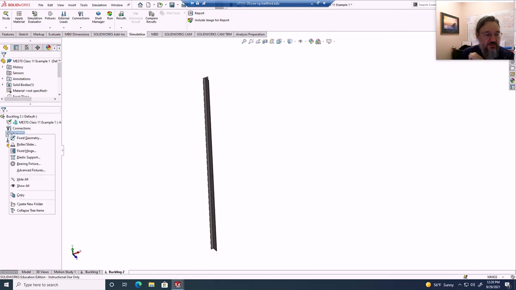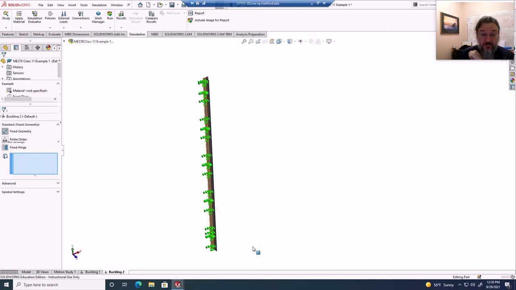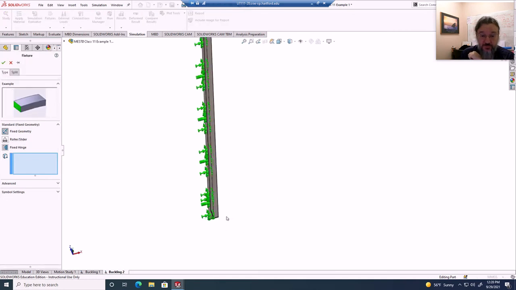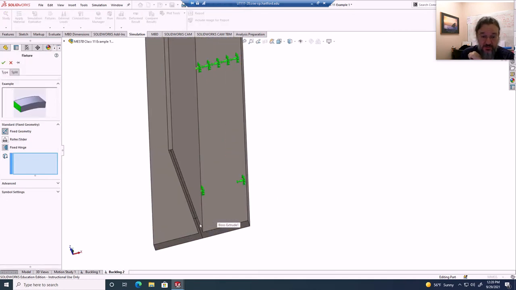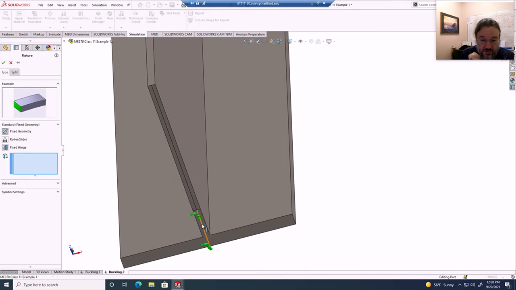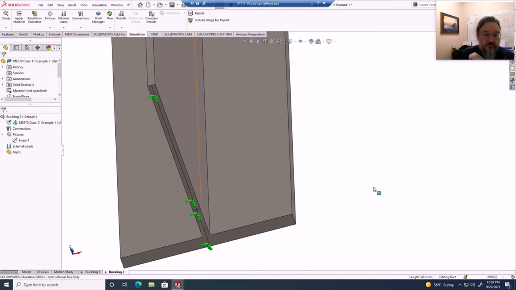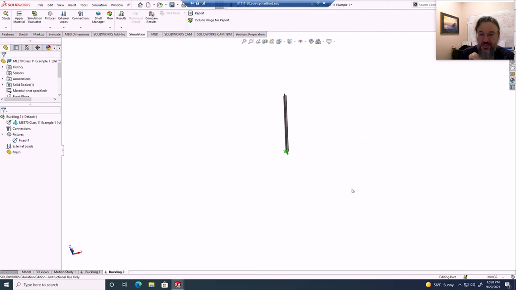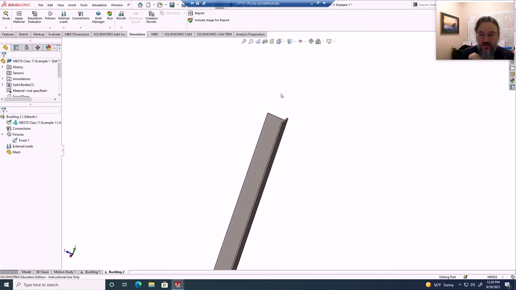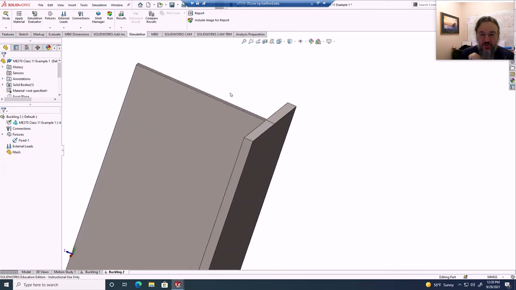For the fixtures, now I got to be really careful here. On the bottom of this, I'm going to grab it right along these two lines, right? But along the top, I don't want it moving. I want it to only move up and down.